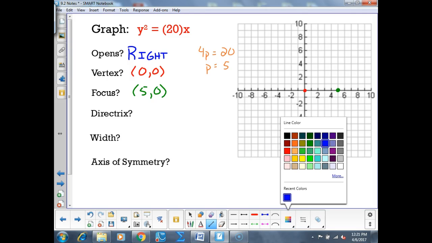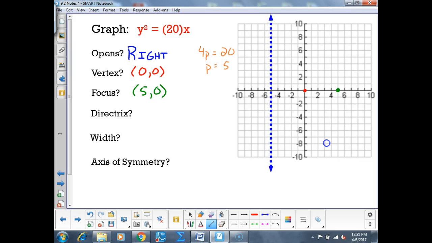X equals negative 5. So that this distance here is 5, and this distance here is 5.